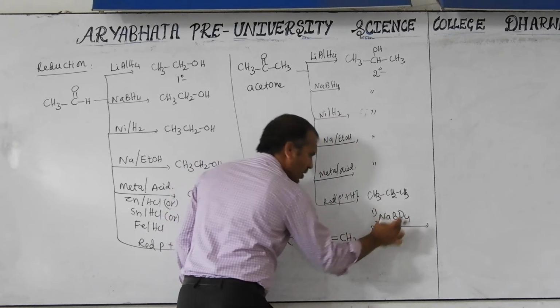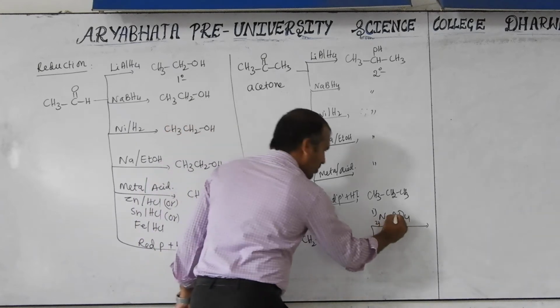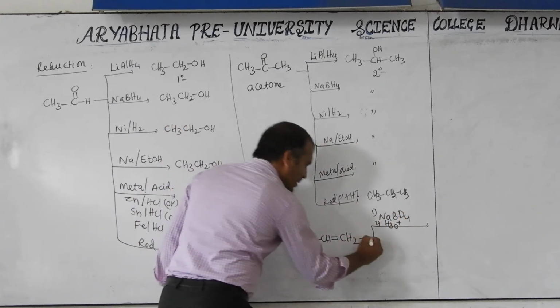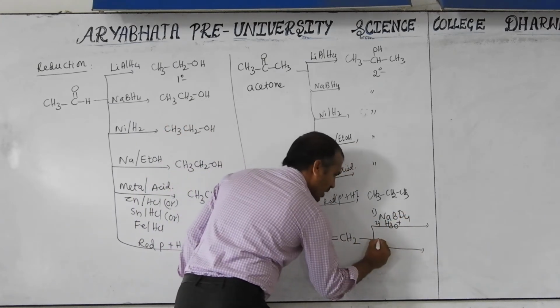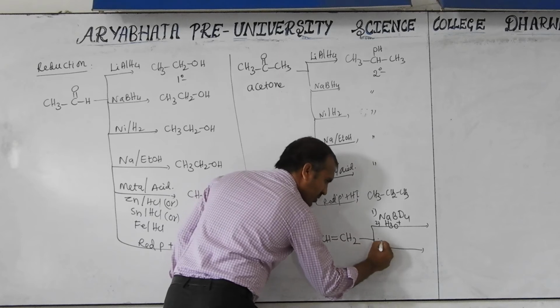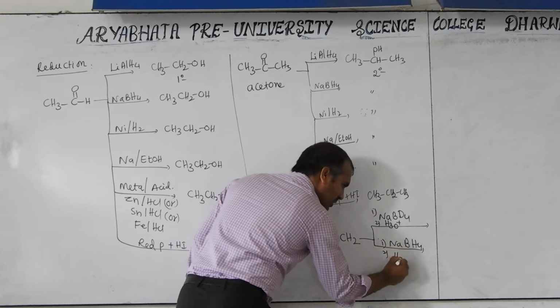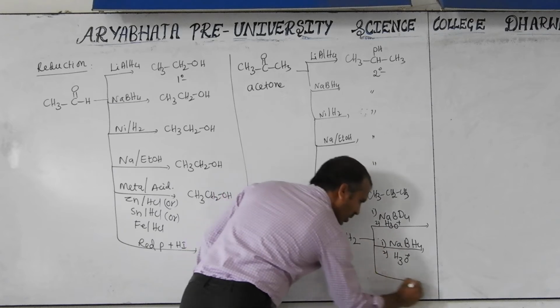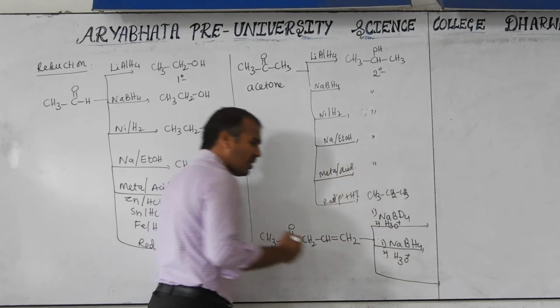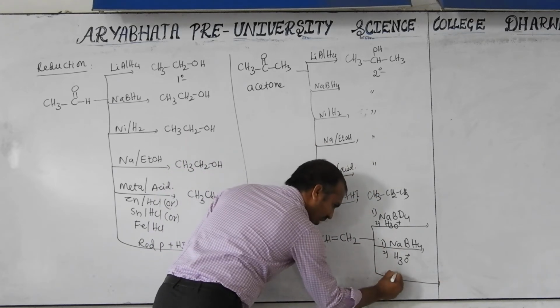This is D, not H: BD4. Another one is first step NaBH4, second step acid hydrolysis. Next, first one here, palladium.